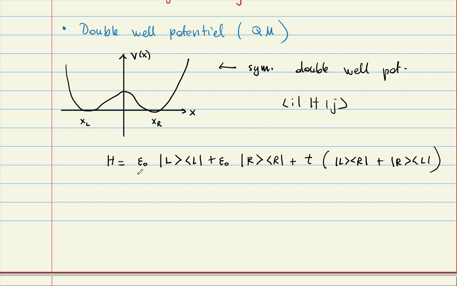So in this case, I and J are going to be left and right. I think Dirac invented this formalism. For example, left, left is going to give epsilon naught, right, right is going to give epsilon naught, left, right is going to give T, right, left is going to give T. You automatically read the matrix from the equation. It's very convenient. So that's the question, right?